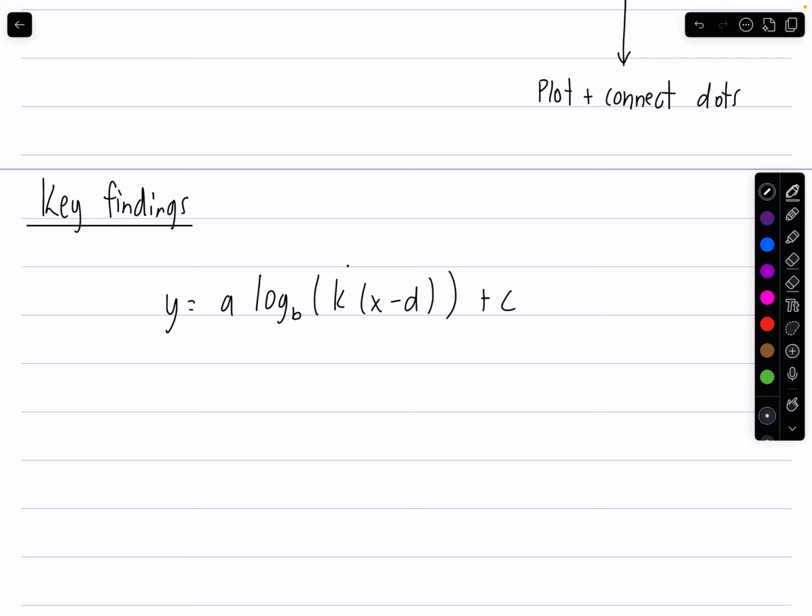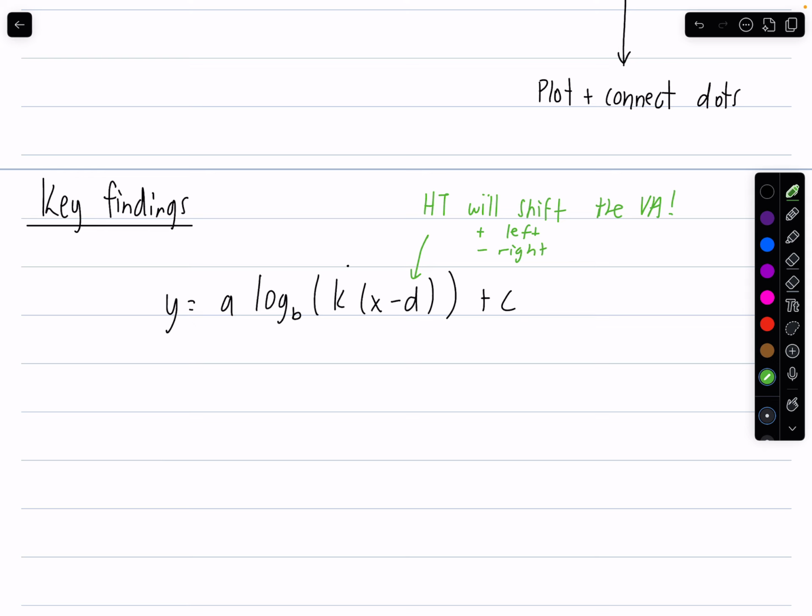So the variable that is going to affect or shift the vertical asymptote is going to be this d variable. The horizontal translation will shift the vertical asymptote, okay? So if the horizontal translation is positive, it'll shift it to the left. If it's negative, it'll shift it to the right.